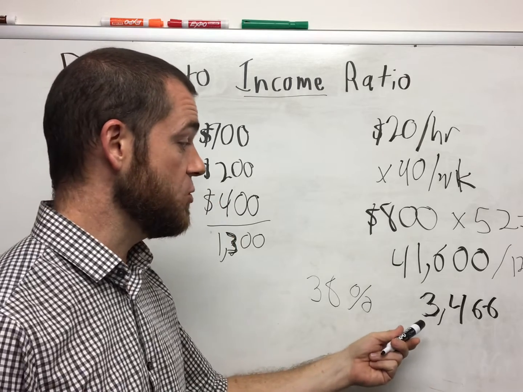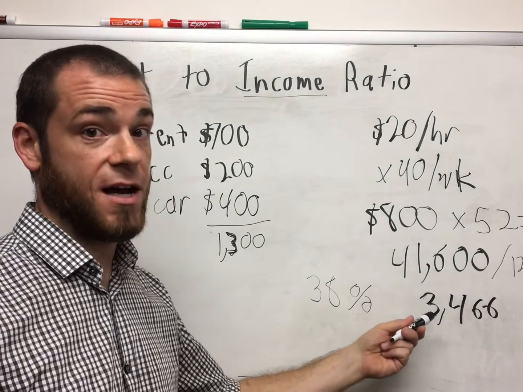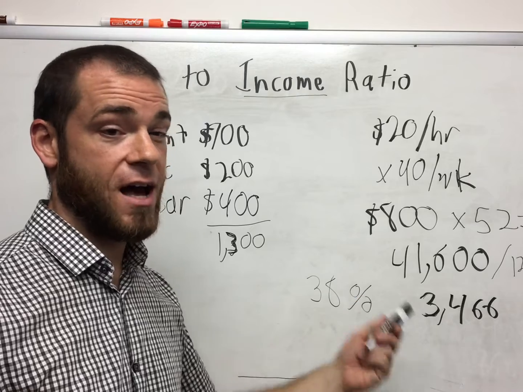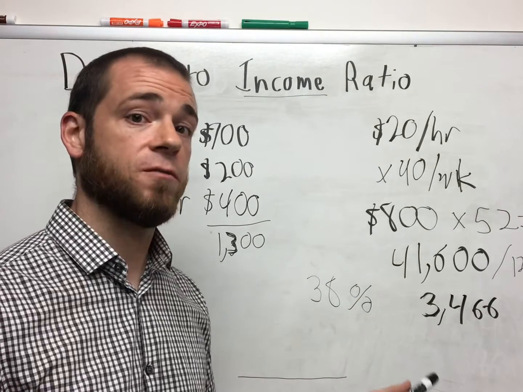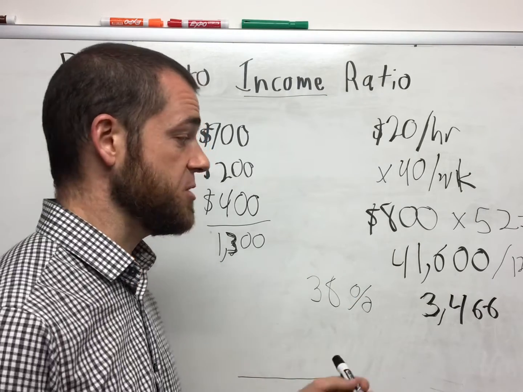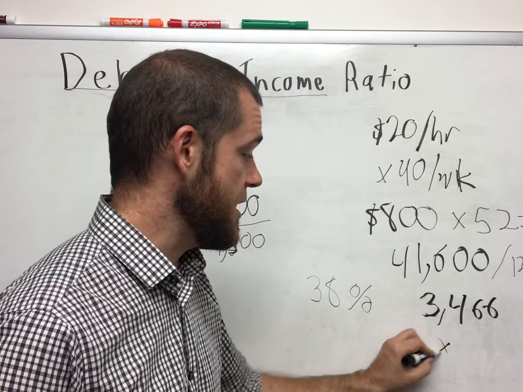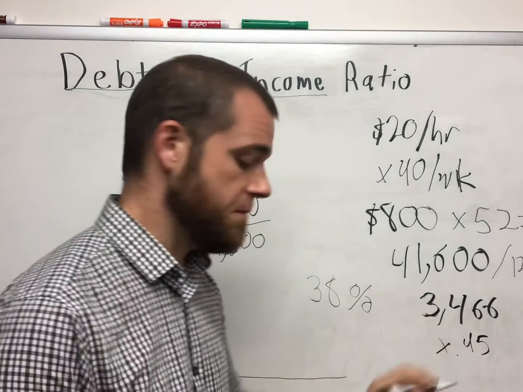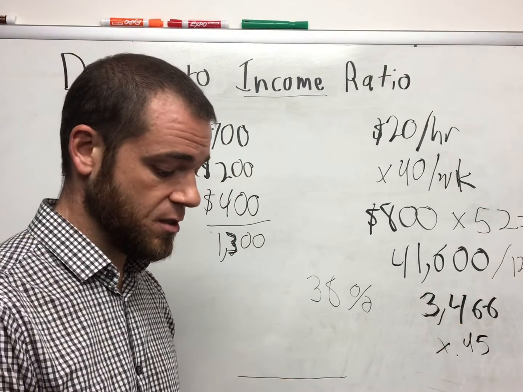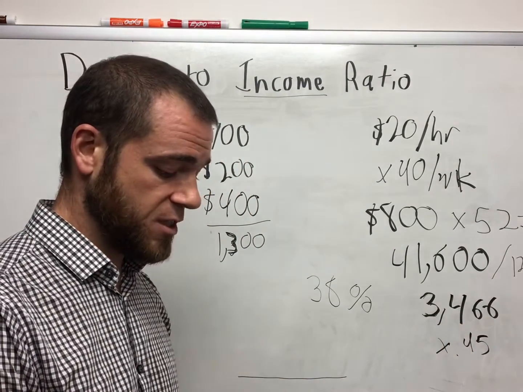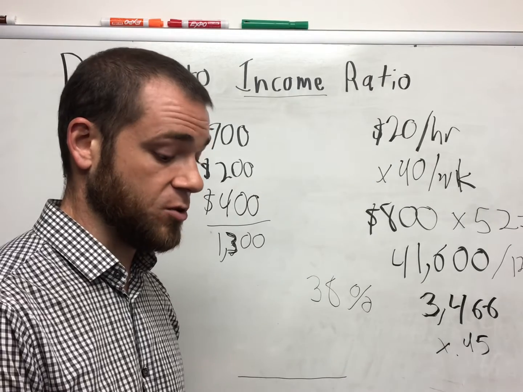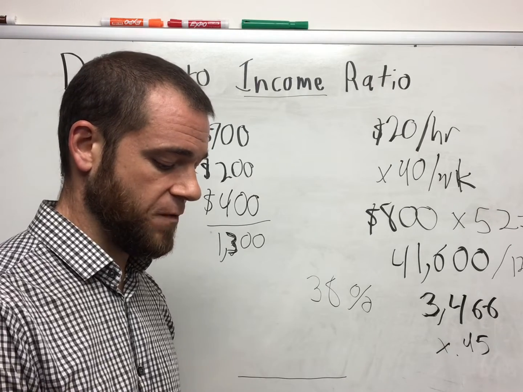So in Joe's situation, he wants to buy a house. So we're going to figure out how high his mortgage payment can be in order for him to qualify at 45%. In order to do that, we take his monthly income and multiply it by 0.45. This is the easiest way to do this. So $3,466 times 0.45.